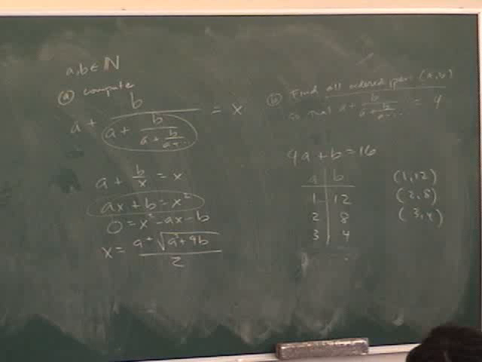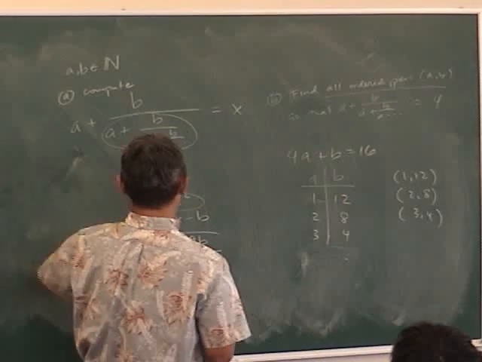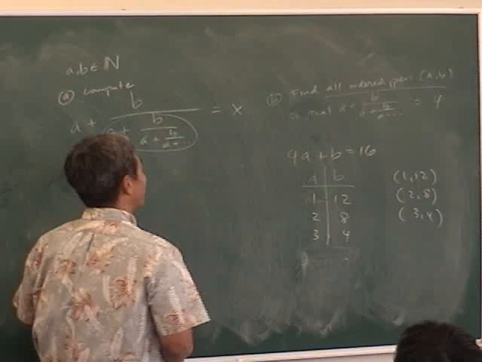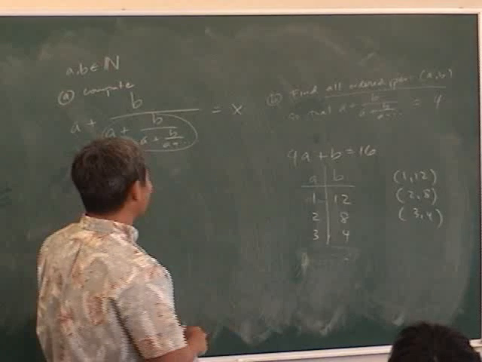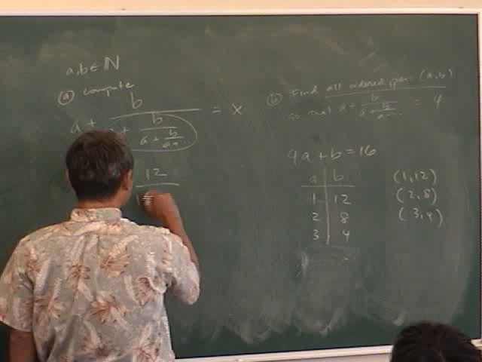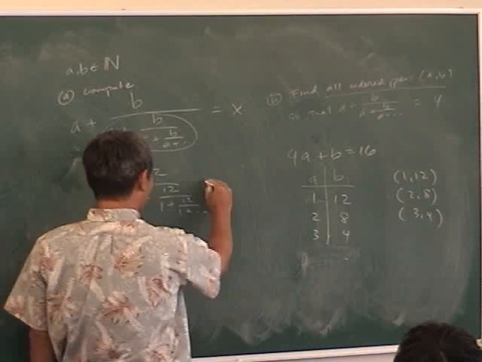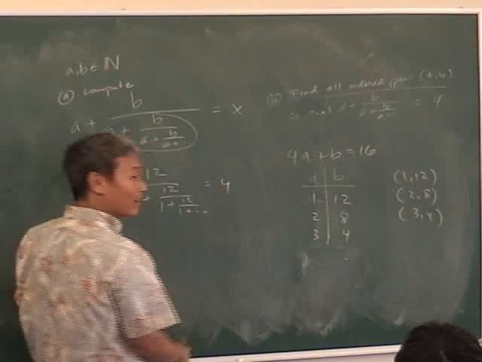Now, do you guys even understand what you just did in this problem? What you just figured out is, what is 1 plus 12 over 1 plus 12 over 1 plus 12 forever equal to? That's 4!